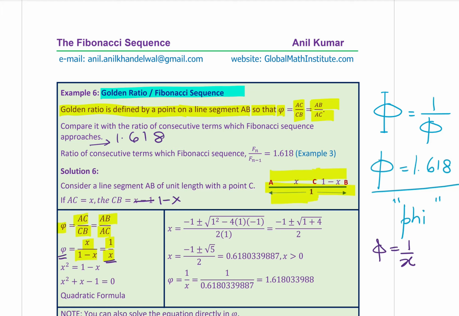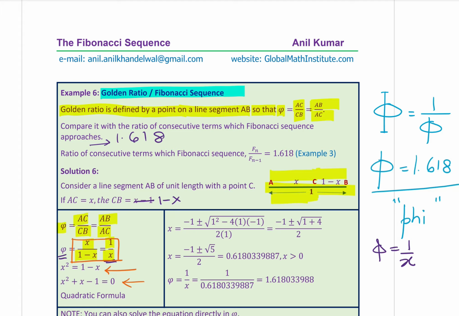Now, to solve for phi, we can actually solve for x. So we'll solve this particular equation, which is x over 1 minus x equals 1 over x. When you cross multiply, you get a quadratic equation x squared equals 1 minus x. Bring the terms together, x squared plus x minus 1 equals 0. You get a quadratic equation, very simple form.